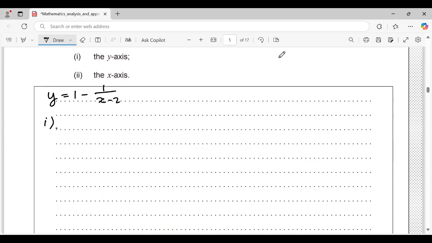Because 1 over 0 is undefined. As you know, if y equal undefined, it means the y-axis is the asymptote. As well, if x equal undefined, this x-axis will be the asymptote of a graph.